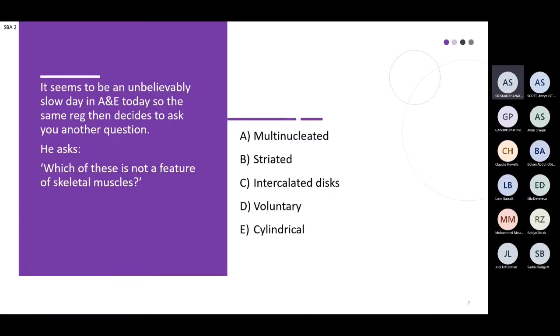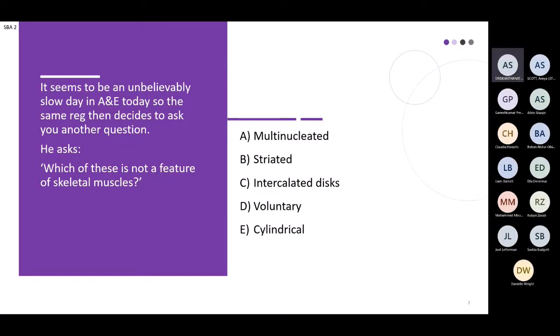So next SBA here. So it seems to be an unbelievably slow day in A&E. So the same reg decides to ask you another question. Which of these is not a feature of skeletal muscles? So I will open the poll. Give you a few seconds to answer.